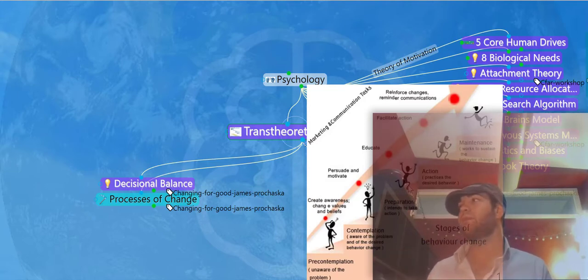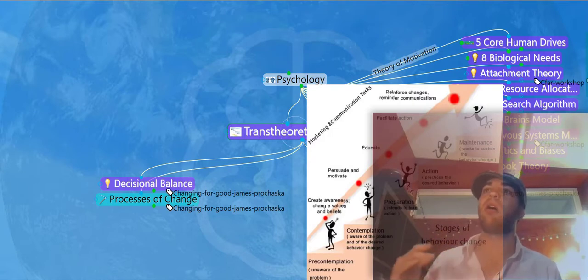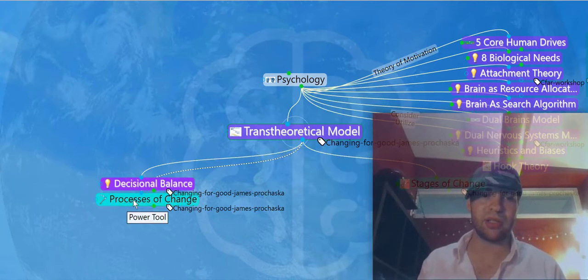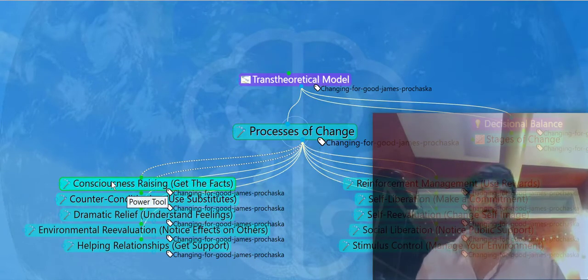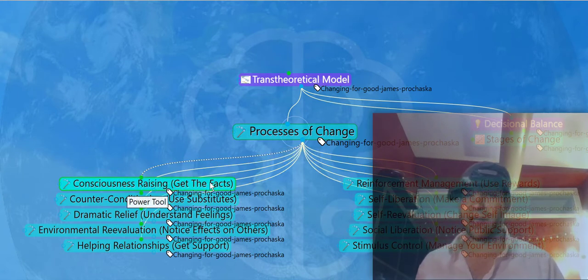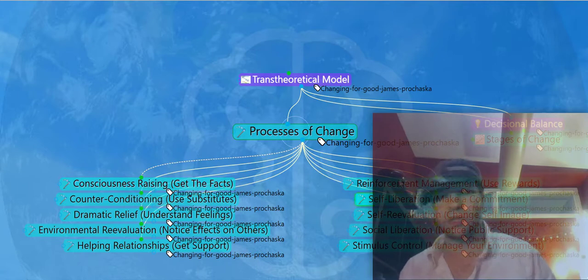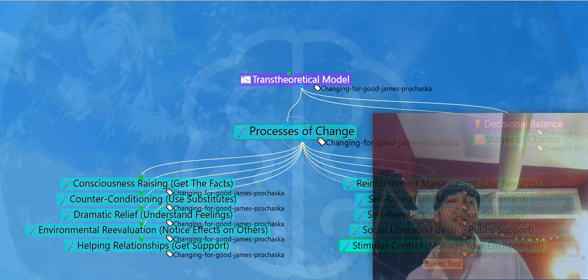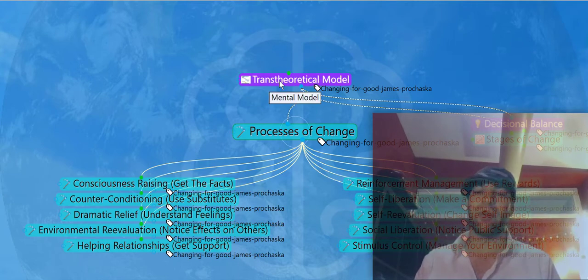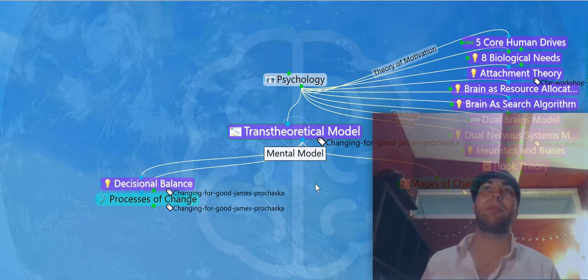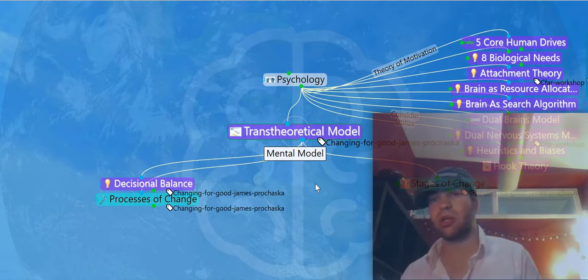He then categorized all the different interventions you could do to create this change into 10 different processes of change, ranging from consciousness raising, which is like getting the facts, to using rewards, which is reinforcement management, to stimulus control, which is sort of like managing your environment. And then they tried to match up these processes of change with the stages of change.